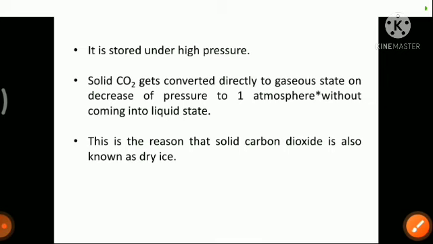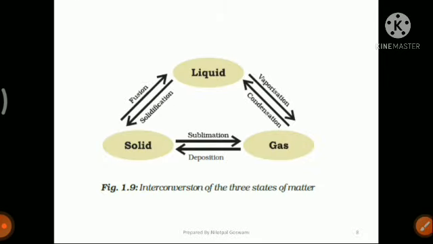So next we will be looking at the interconversion of the 3 states. These are the general diagrammatic representation of whatever we have learned until now. By fusion we can convert solid to liquid, by solidification we can convert liquid to solid, by vaporization, that is by supplying heat, we can convert liquid to gas, and by reducing the temperature we can condense gas to liquid.